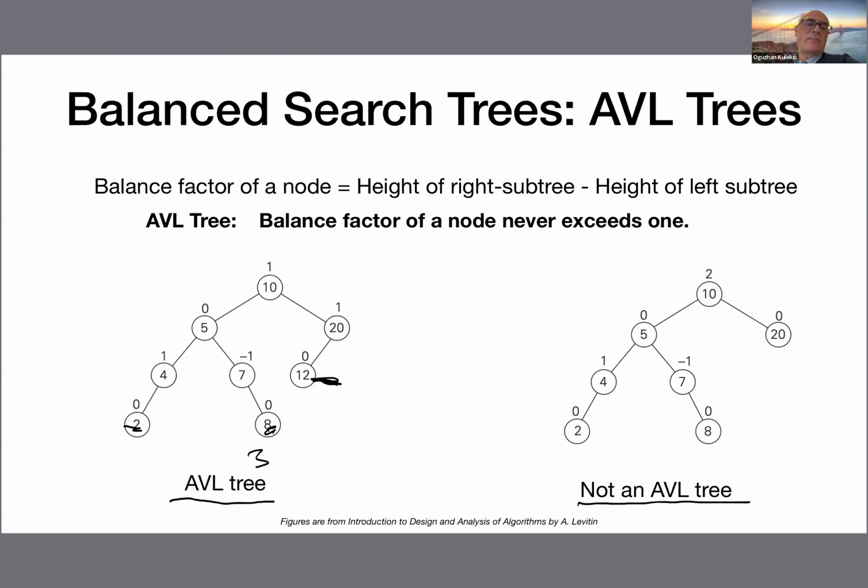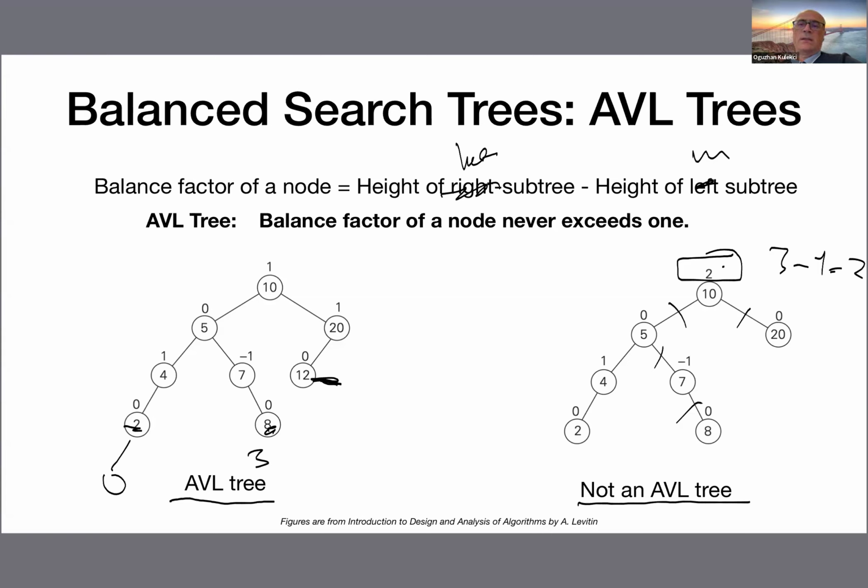But whenever I have something more, this will not be allowable. For instance, here, I have 1, 2, 3 on the left side, and I have 1 on the right side. So 3 minus 1 is equal to 2. By the way, I will change this one: this should be the left and this should be the right.